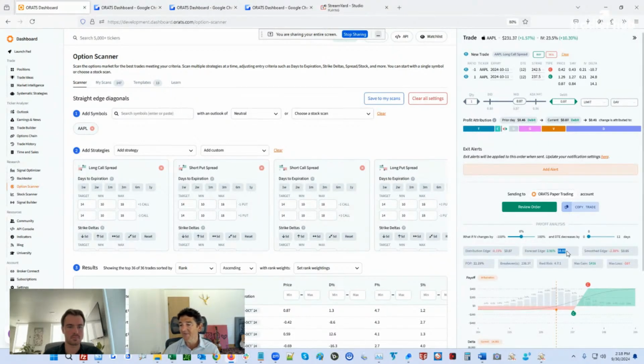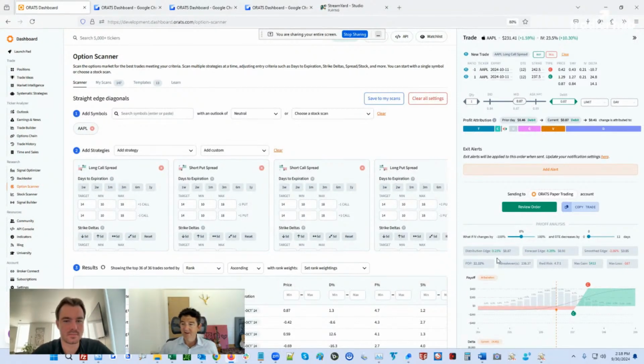So we have 5 cents of edge there. So those are the three types of edges. Right. Tyler, yeah, and again, these are just one of many things that give us a lot of differentiation and edge in the market. But those are important theoretical values, Tyler.